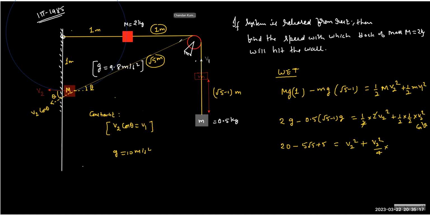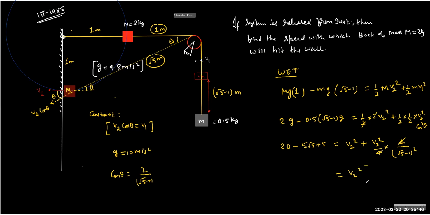So cos theta is basically base upon hypotenuse. So this will become 4 upon root 5 minus 1 upon the square. So we can do it anyway.